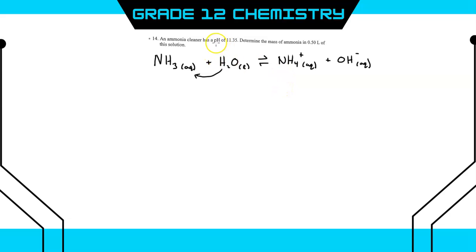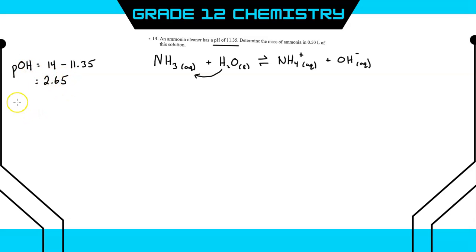Now they give us the pH. So what we can do is start by finding the pOH. pOH is just going to be 14 minus that pH, 11.35. All right, so the pOH is therefore 2.65.